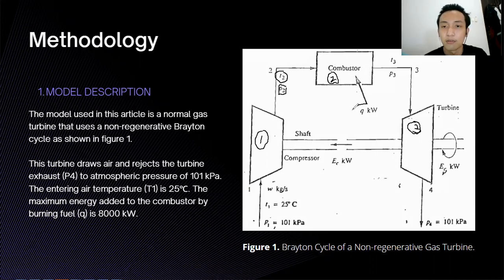In this case, we give 8,000 kilowatt in the combustor, and the compressed air then combusts, and that explosion is transferred to the turbine, where the exploding gas expands, and the expansion moves the impeller of the turbine.